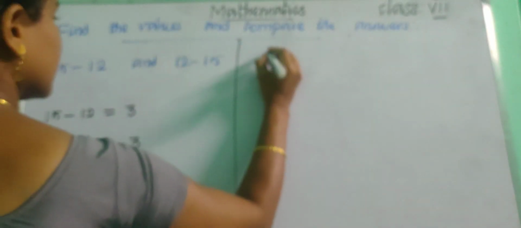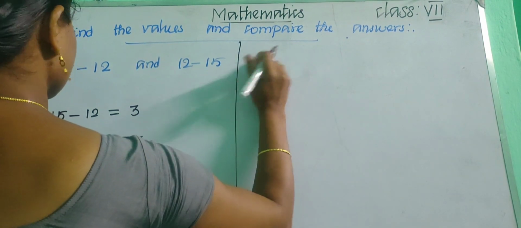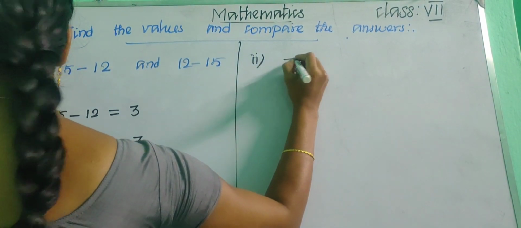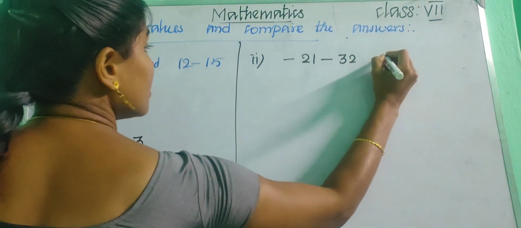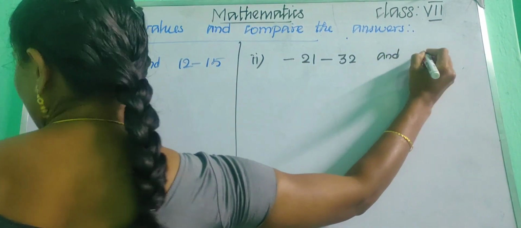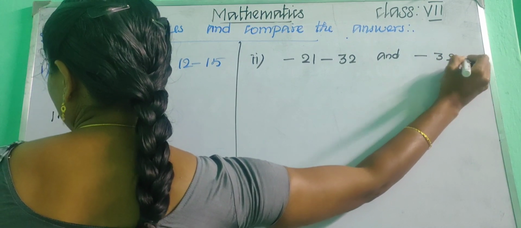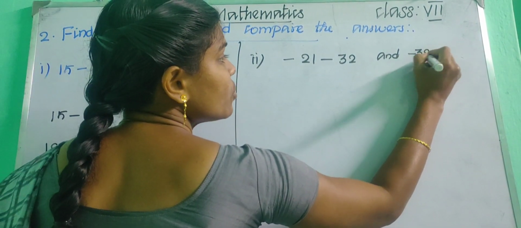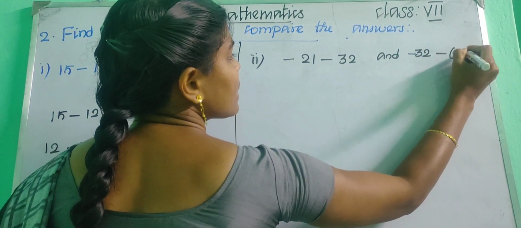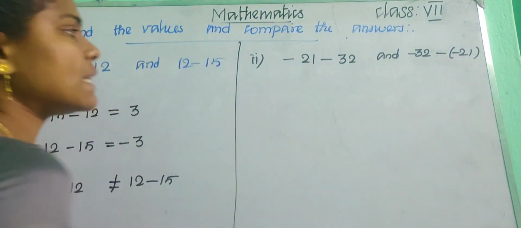The question is minus 21 minus 32 and minus 32 minus of minus 21. So let us solve.